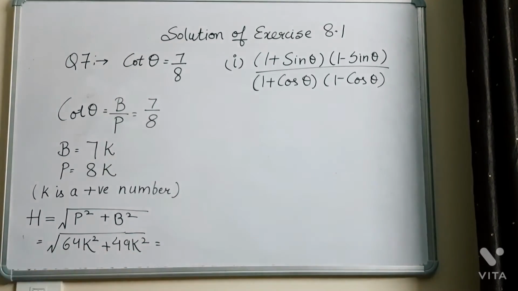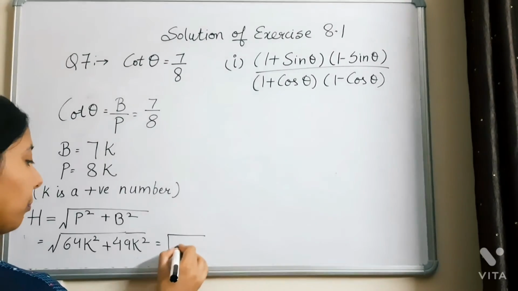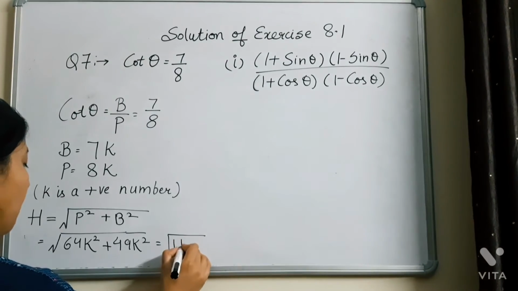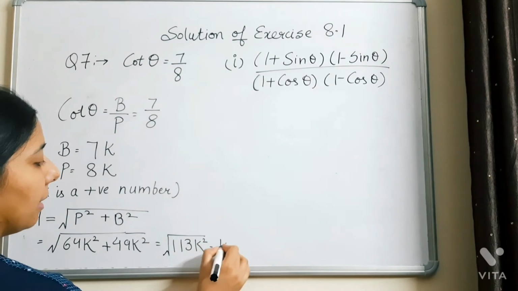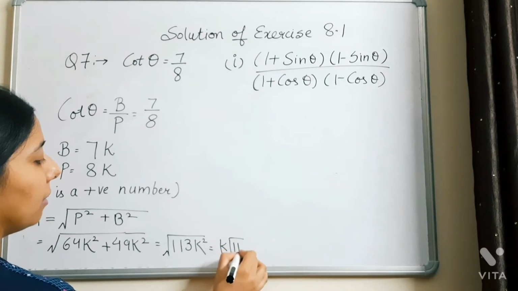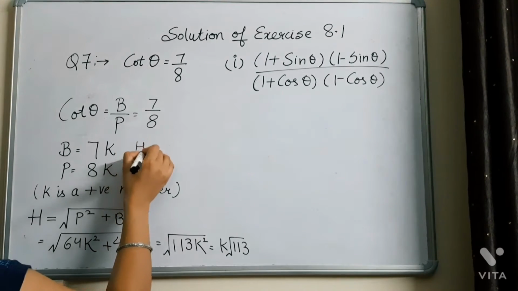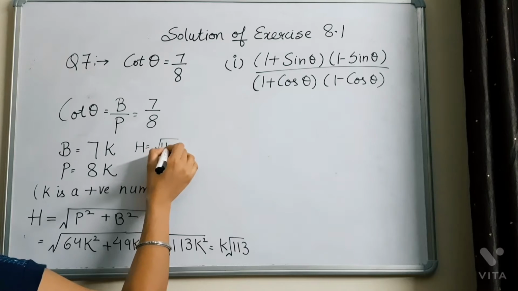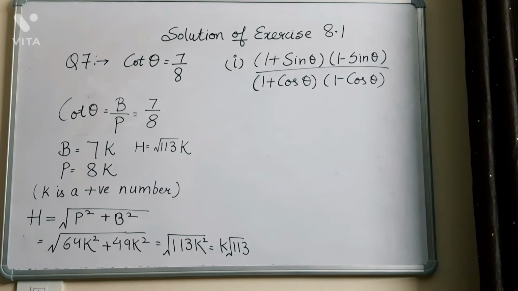Now on adding this, you will get under root of 113k square, or you can write it as k under root 113. So you have calculated that h is equal to under root 113 into k. So this is the value of h.